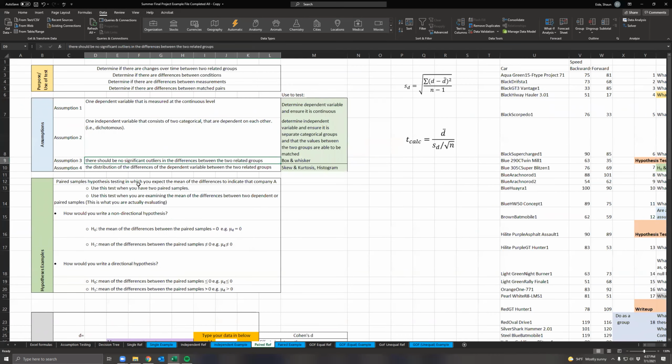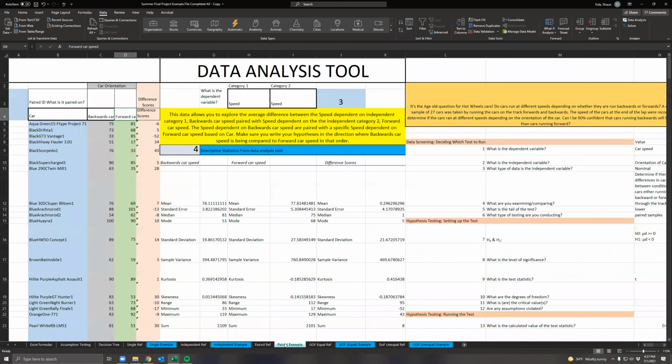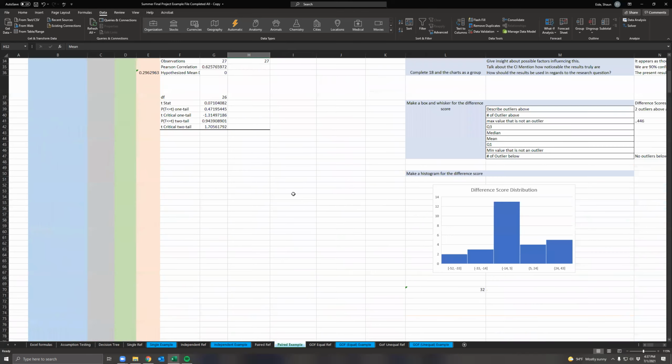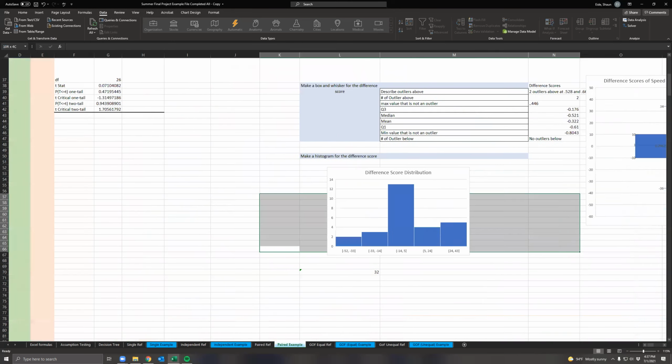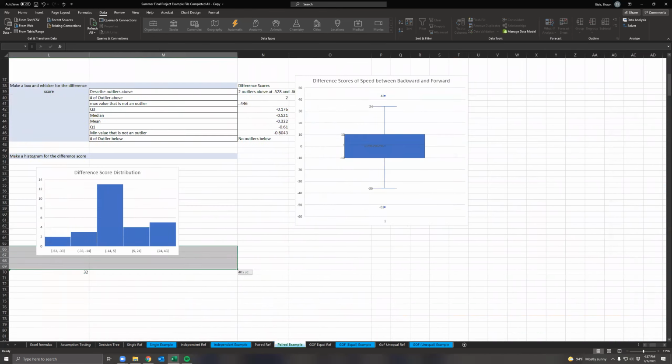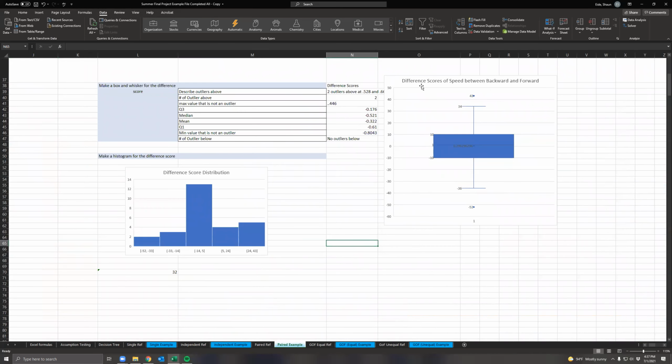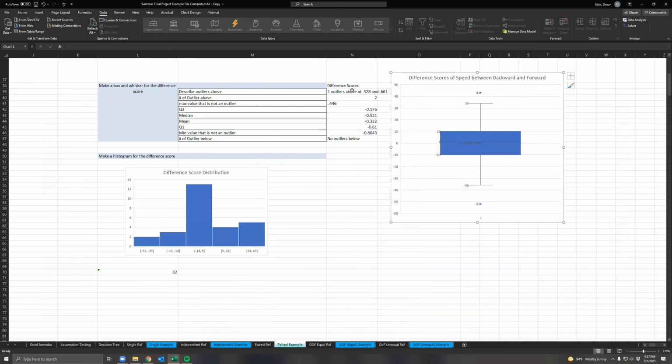Next, there should be no significant outliers, and that's in the difference score. So we're going to look at outliers. In order to do that, we are going to look at the difference scores, and we've got to redo this now.